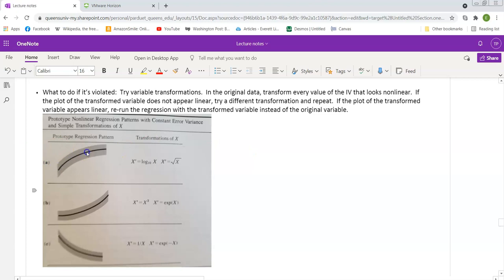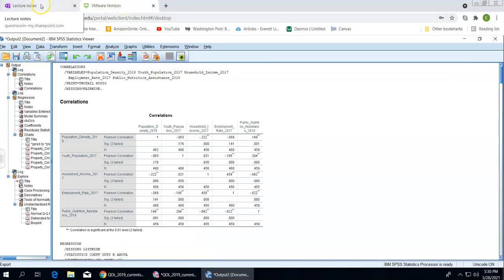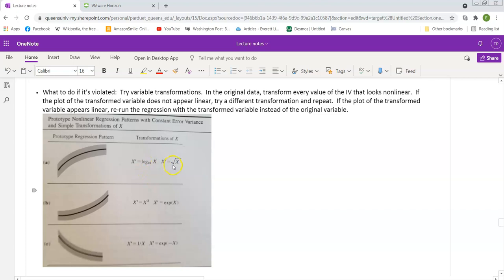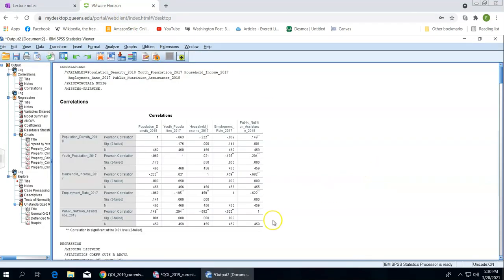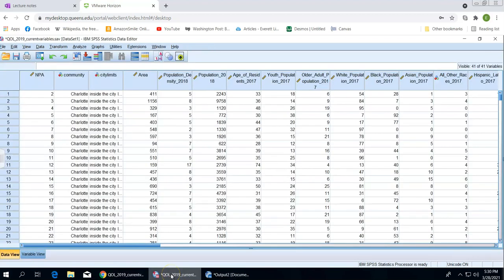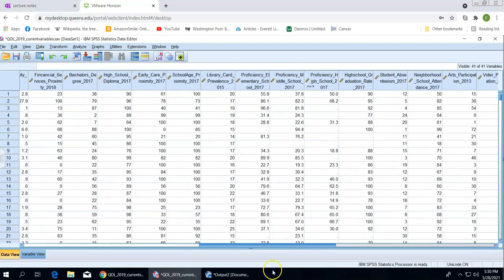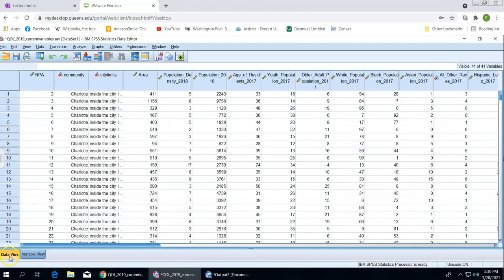But if we see a pattern like this in our scatter plots, we might consider a transformation of X. And what we would do is, we're talking about replacing X in the model with the square root of X or log of X. So in our model, suppose it looked like youth population.